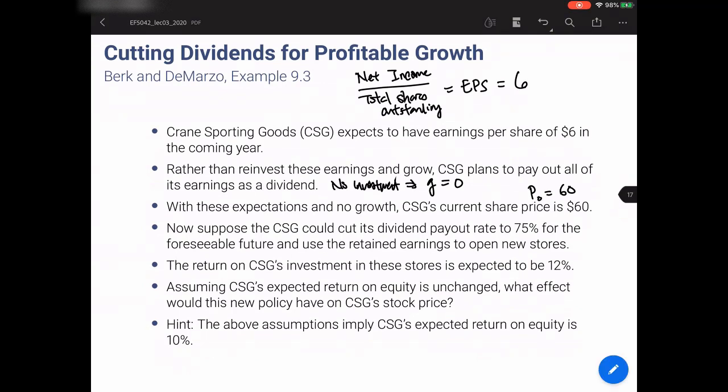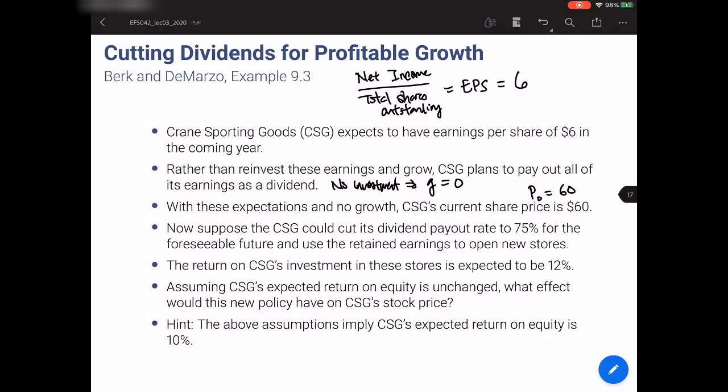In the fourth bullet point, the example presents to you a change in its dividend payout policy. So now suppose CSG could cut its dividend payout rate to 75% for the foreseeable future and use the retained earnings to open new stores. So that means it's going to retain 25% and use that 25% to make investments.